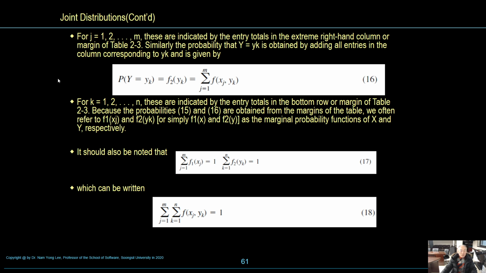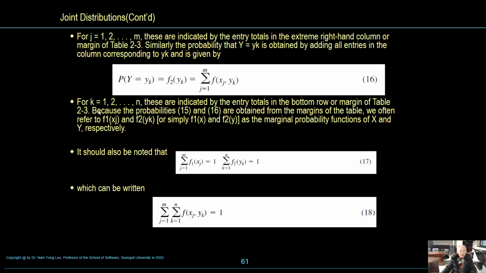For j equal 1 to m, these are indicated by entry totals in the extreme right-hand column or margin of table 2-3. Similarly, the probability that Y equals yk is obtained by adding all entries in the column corresponding to yk, and is given by the formula 16.